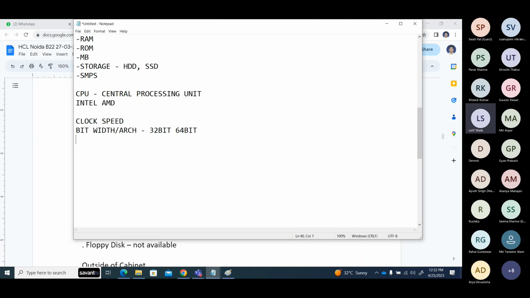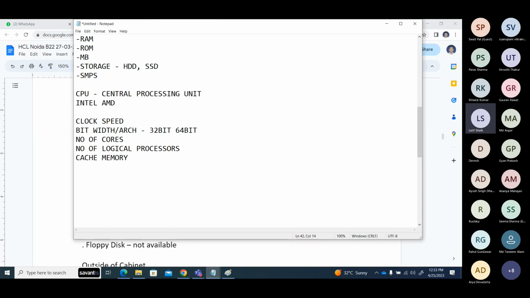Clock speed in gigahertz, number of cores, number of logical processors, cache memories.